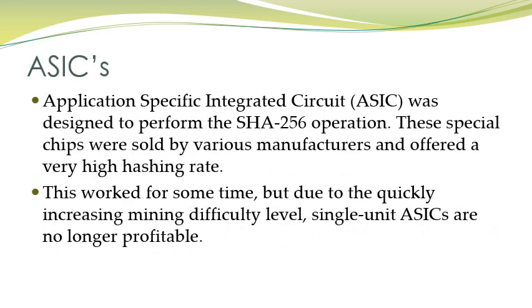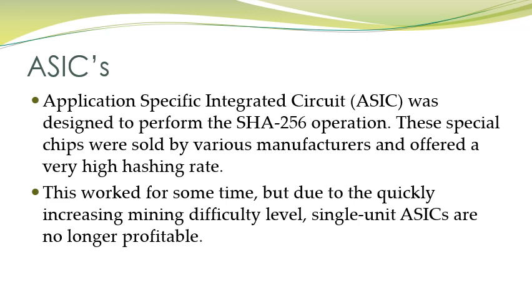After that, FPGAs also became exhausted, and an application specific integrated circuit was designed to calculate the SHA-256 double hash. These special chips, ASICs, were sold by various manufacturers and offered a very high hashing rate.